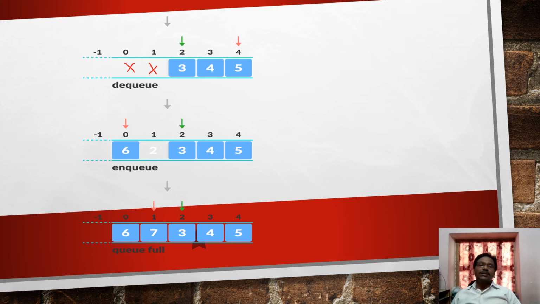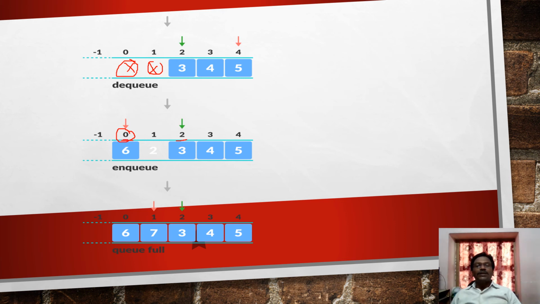Again, I try to insert in the circular queue. The already deleted, wasted memory, that is the 0th position and first position, is reusable to enqueue. The 0th position now stores the value. At present the rear value is moved to the 0th position. In this case the front is representing the second position and rear is representing the 0th position.